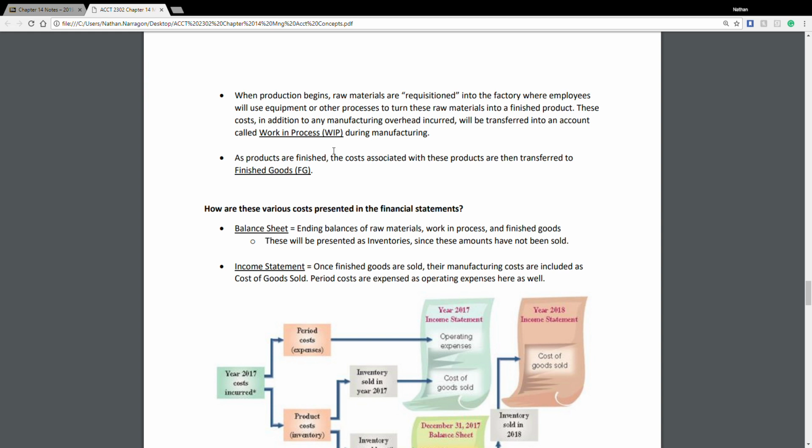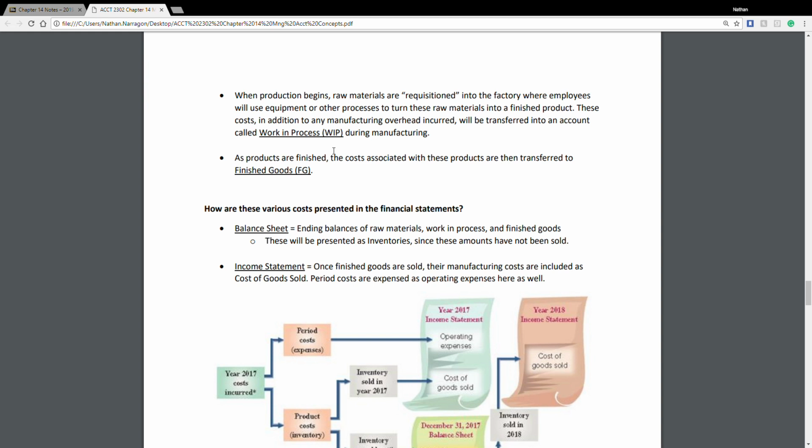Once the product is completely finished, it is going to go into what is known as finished goods. Once it's in finished goods, we are then able to sell it. And we're going to get into how we do the journal entry to sell and how that works in a little bit. But keep an eye out when we use these terms.